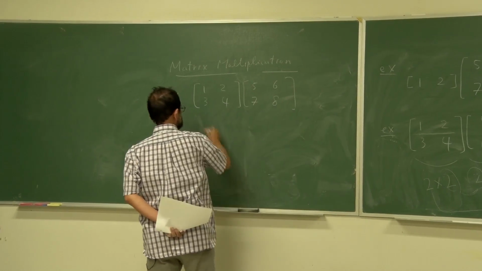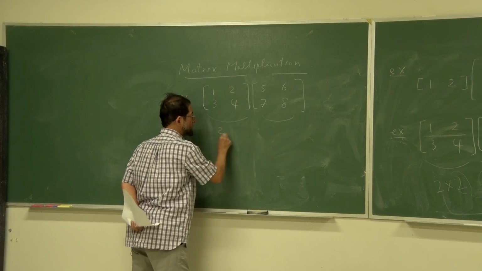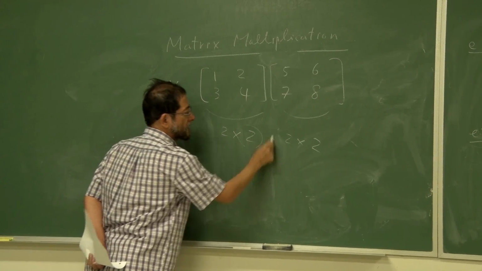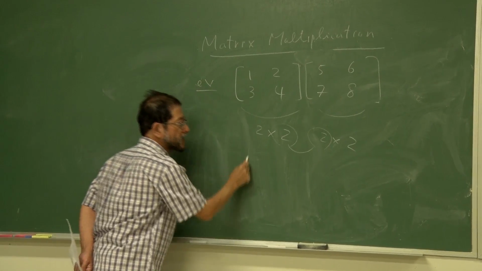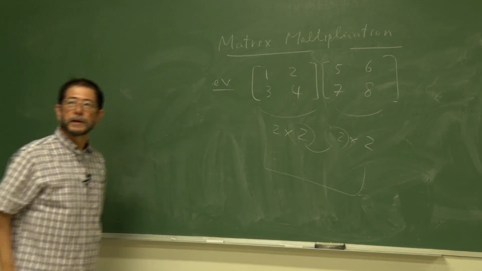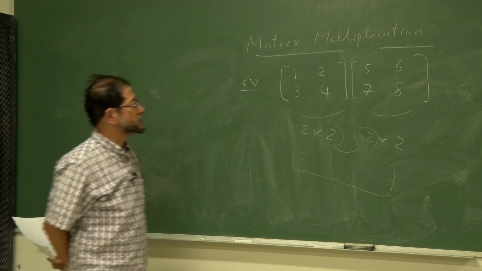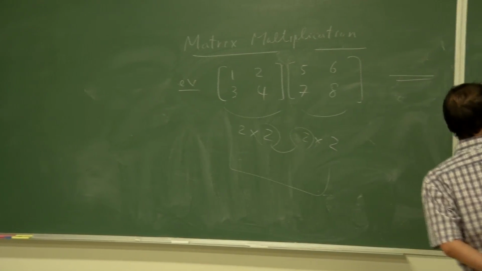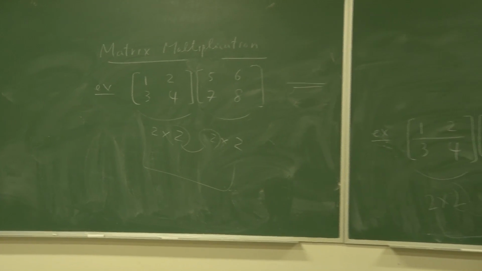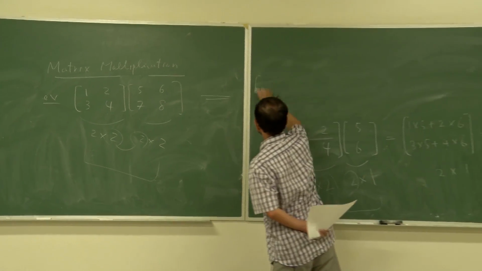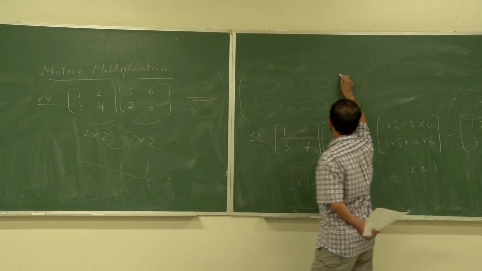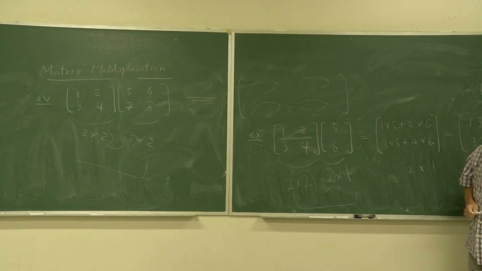First of all, let's check the size. It's 2 by 2 and 2 by 2, so everything is 2. They're matching, so it's okay, and the result is also 2 by 2. But it's not entry-wise. So you have a 2 by 2 matrix as the answer, and it looks like this.